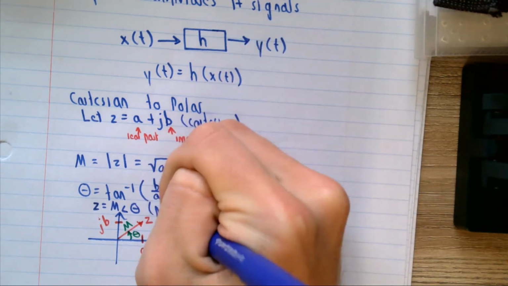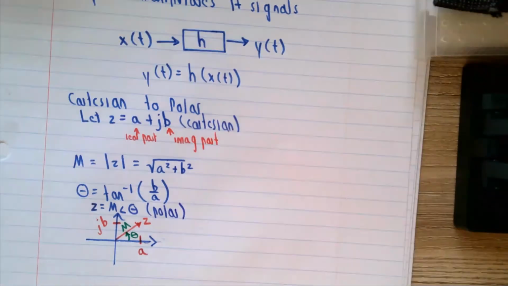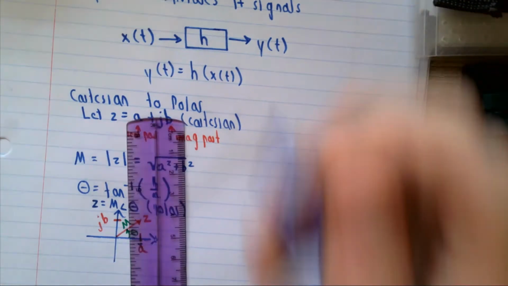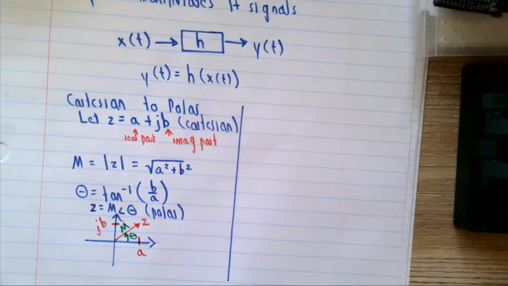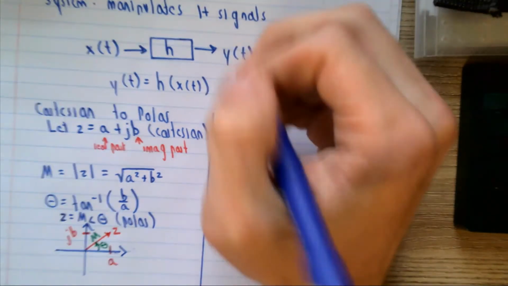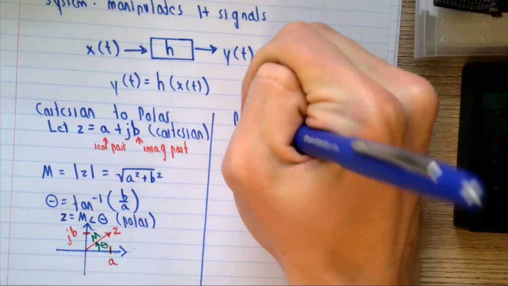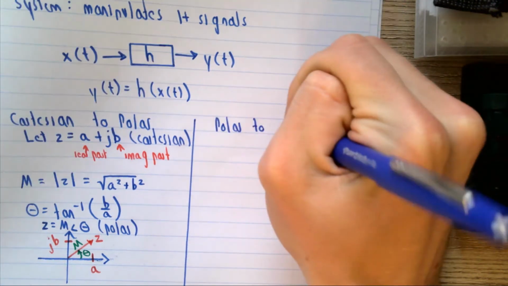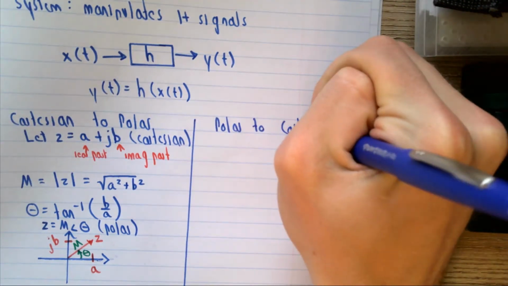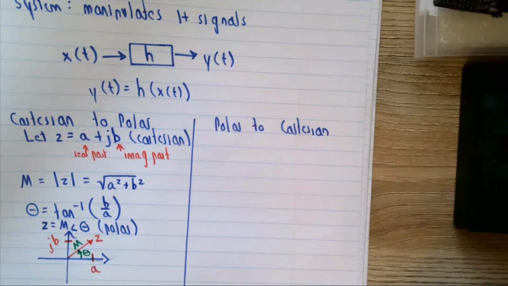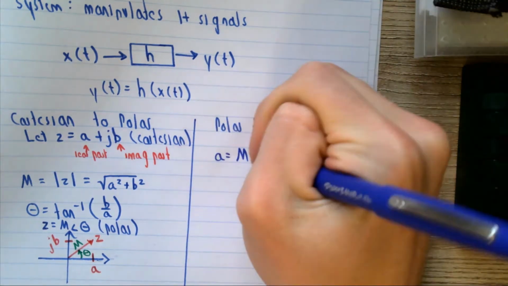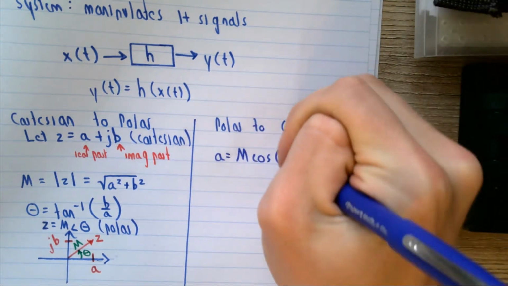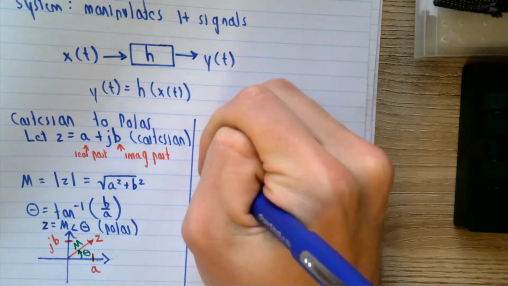Okay, and now that we've done that, let's look at polar to Cartesian. That's the opposite way, how you convert going the other way. So polar to Cartesian is basically going to have your a be equal to the magnitude times the cosine of that angle, and then b would be equal to m times the sine of the angle.